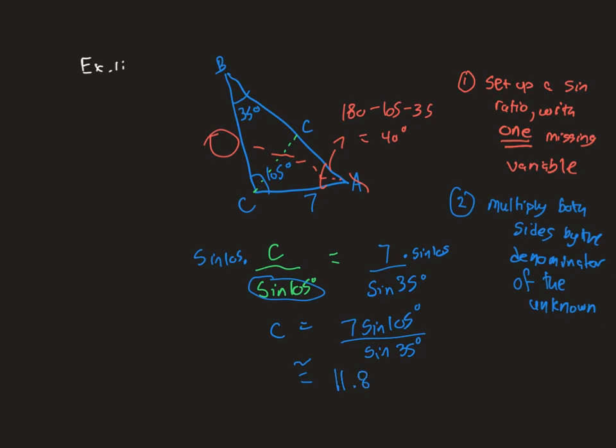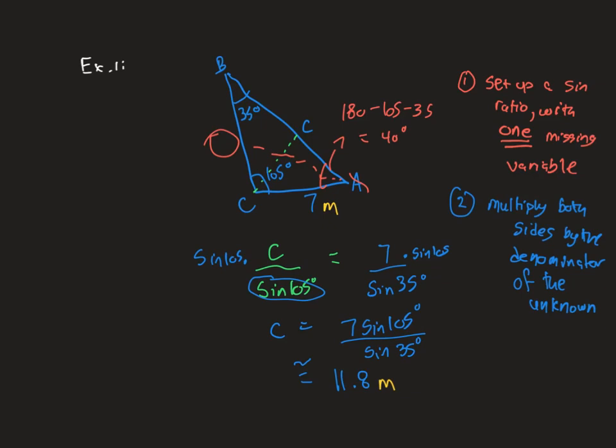Now, of course, this is a side, so it's not an angle or anything like that, so you don't put degrees. And assume the problem told you this was 7 meters. Then your final answer would be in meters. Okay, so don't forget your units. Okay, so that's how you find a side.